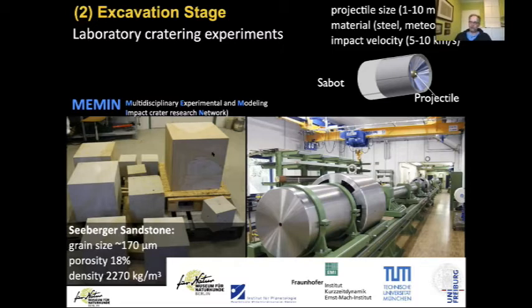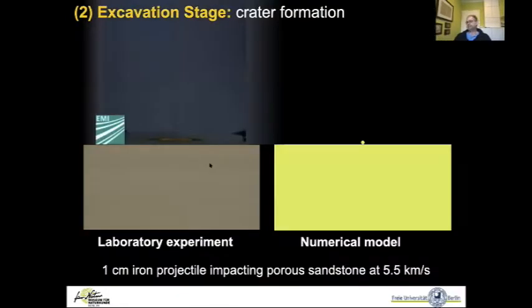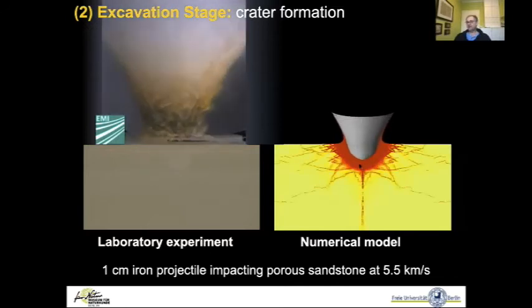In the first place, you would expect the moon is formed from some silicate material. This is what you would go with and test what happens if we shoot such a projectile onto a rock. This is a movie from a high-speed camera showing this, and on the right-hand side you see the numerical model. I'll let this go.